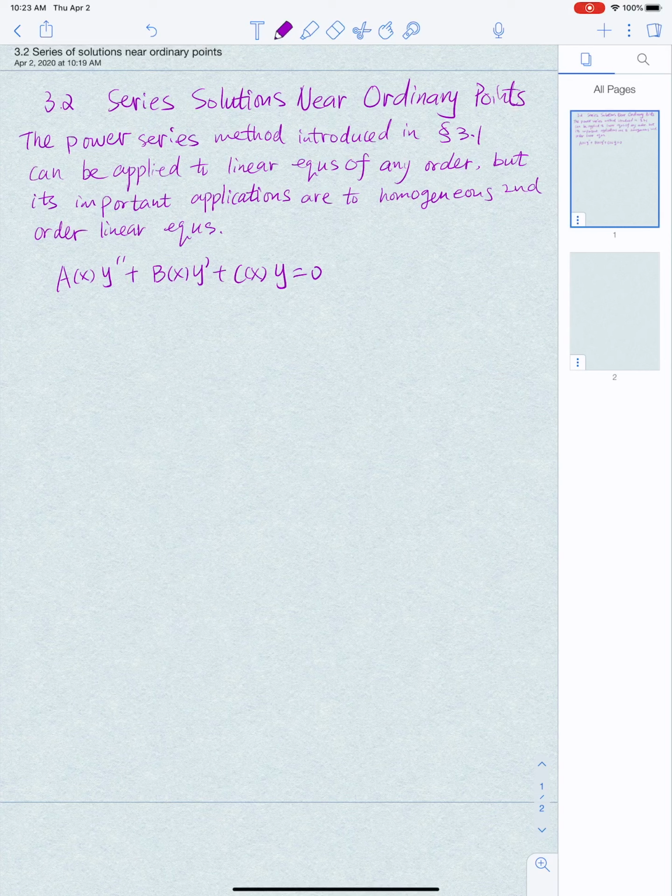This is a second order homogeneous equation, or equivalently, and first, we're going to define ordinary and singular points.